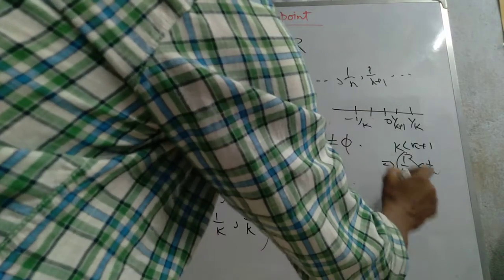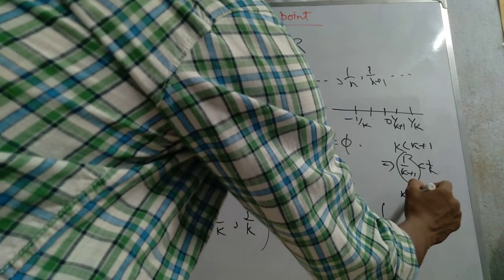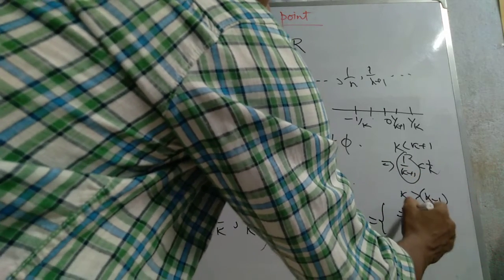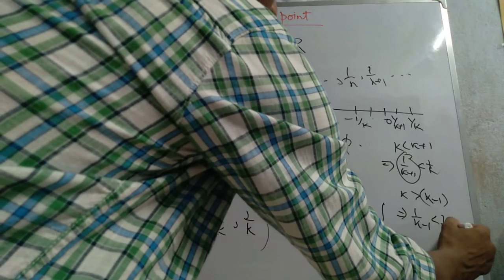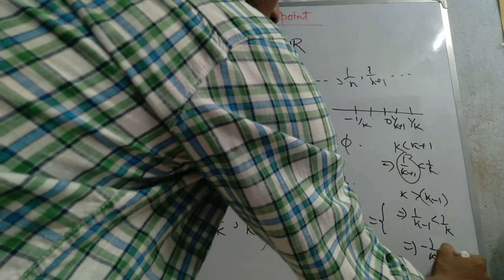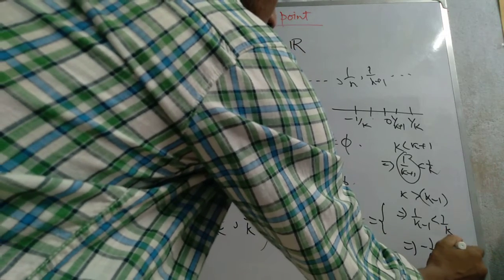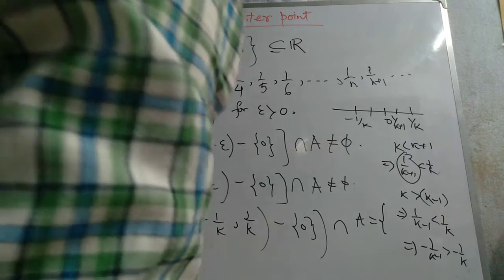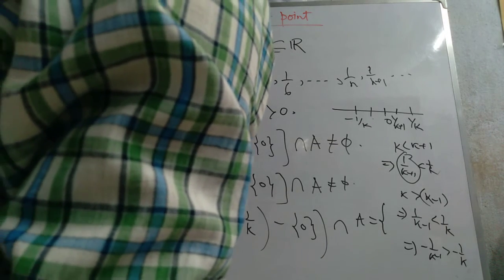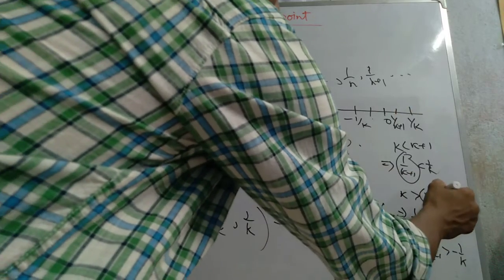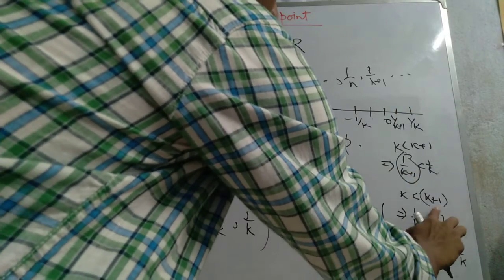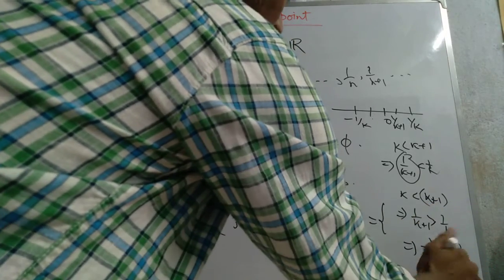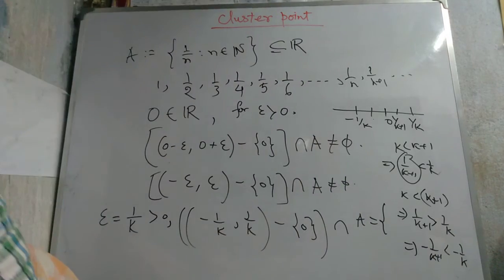And here obviously k is greater than k-1, that means 1/(k-1) is less than 1/k, that means -1/(k-1) is greater than -1/k. If k+1, then this one is less than; if k-1, then this one is greater than; if negative, then this one is possible.